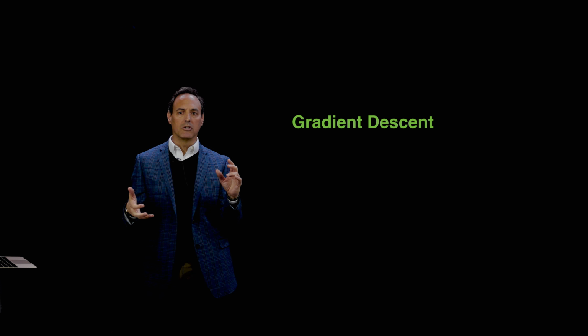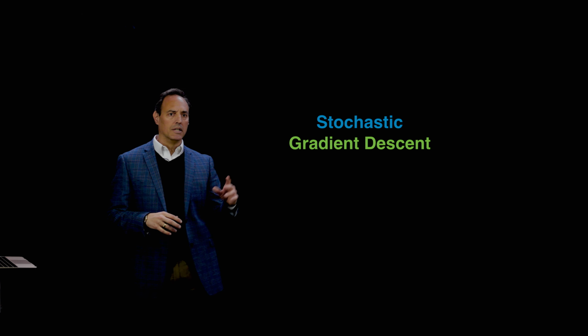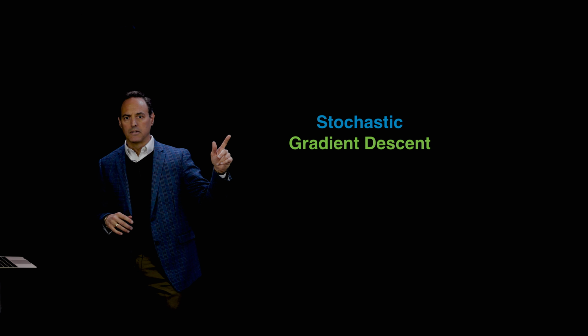I'm going to walk through gradient descent, but I also want to talk about one of the more important versions of gradient descent that's commonly used, especially in neural network training, for very high-dimensional systems. So what we really want to talk about is stochastic gradient descent.